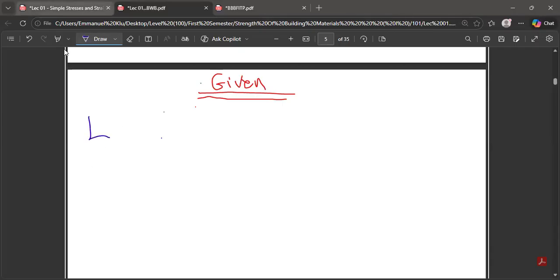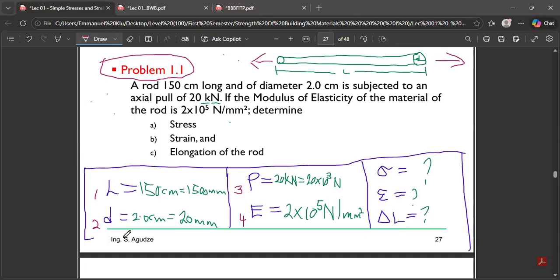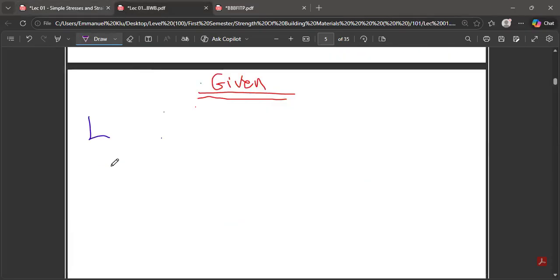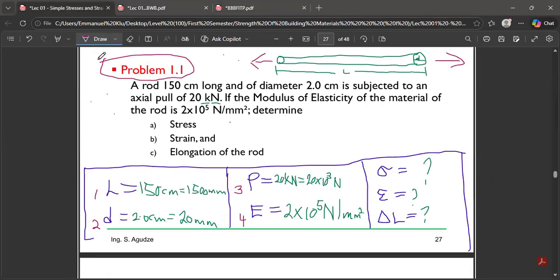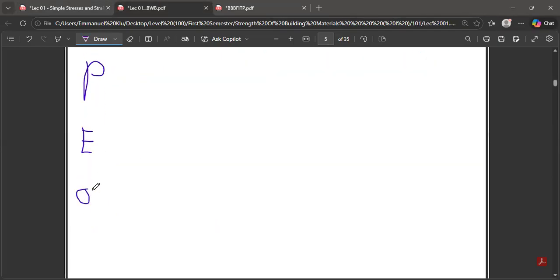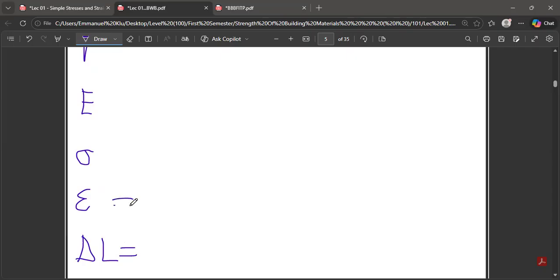So let's say our question one will be LDPE. Also, we had a stress, strain and change in length.